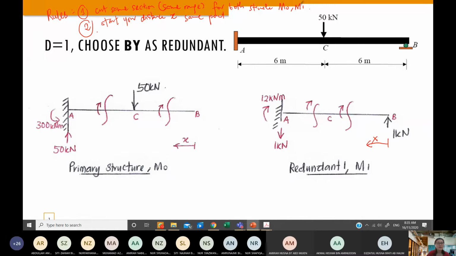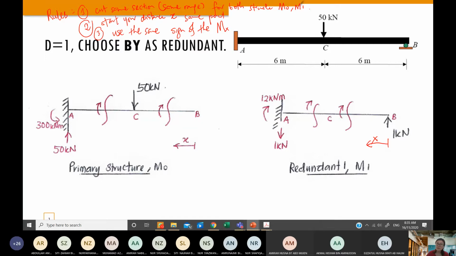Okay, the third one, use the same sign of the moment, let's say X. If you are talking about this cutting section, normally in your chapter 1 we use the positive sign.